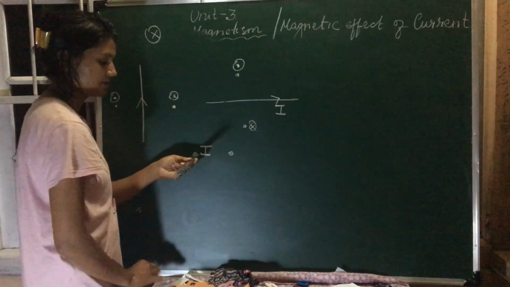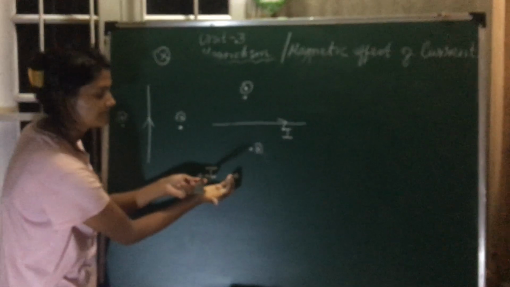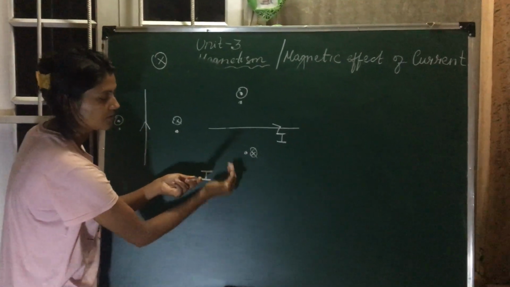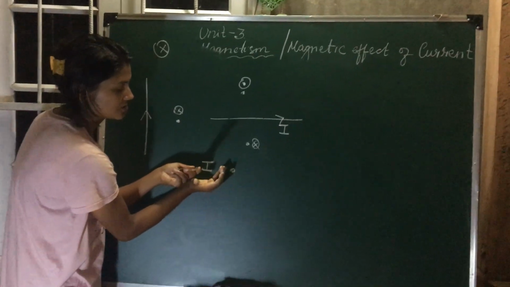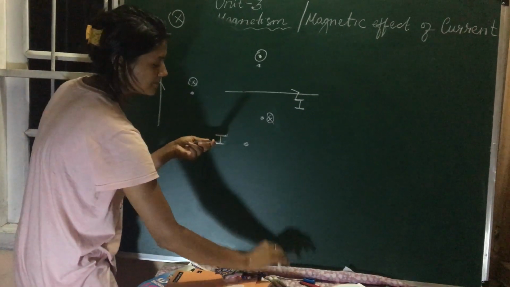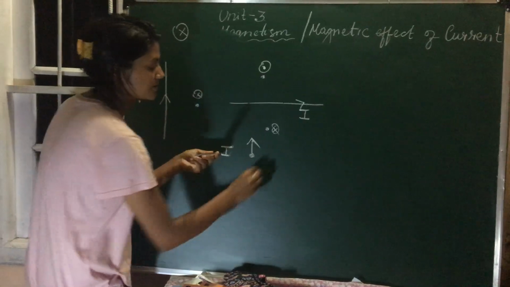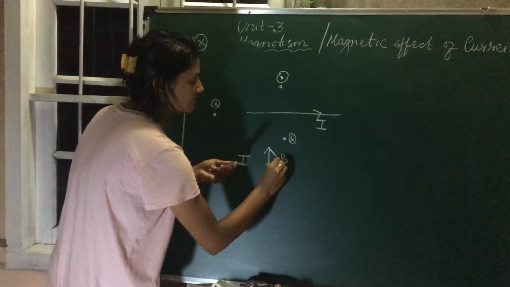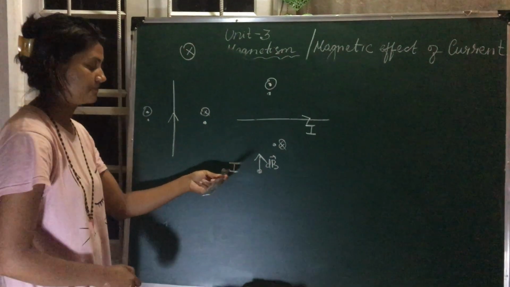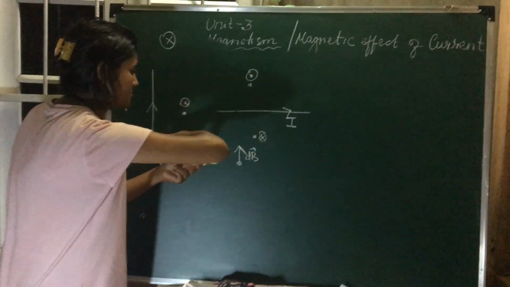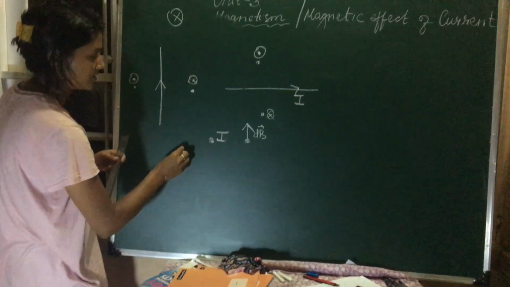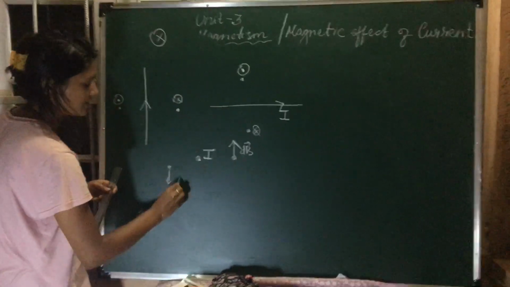What is the direction of current? The direction of current is like this. Correct? This is the direction of magnetic field. Now here, what is the direction of magnetic field? The direction of magnetic field is like this.